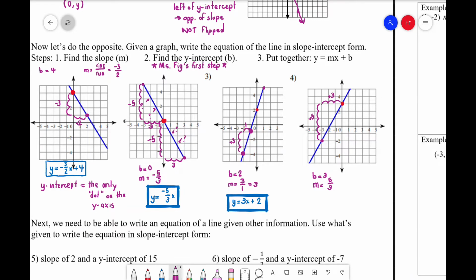We can't divide 5 by 3. So we're just going to keep it as that fraction 5/3. And then we'll write our equation because we have both m and b. y equals mx plus b. So y equals 5 over 3x plus 3.